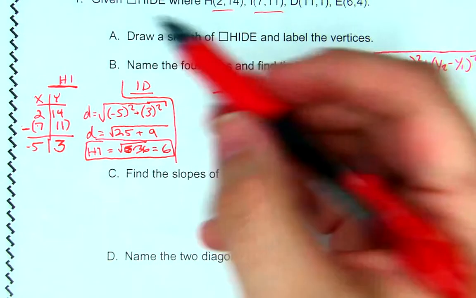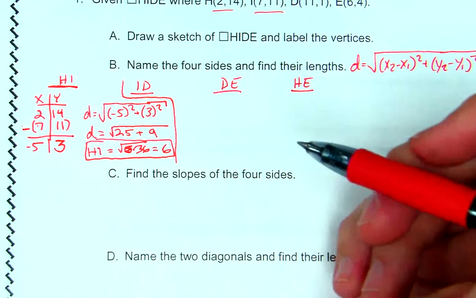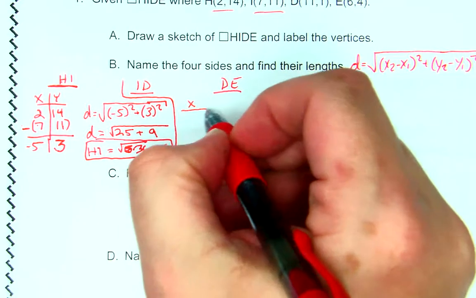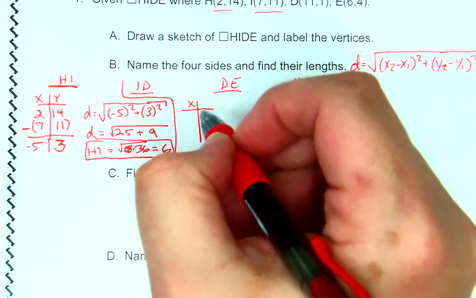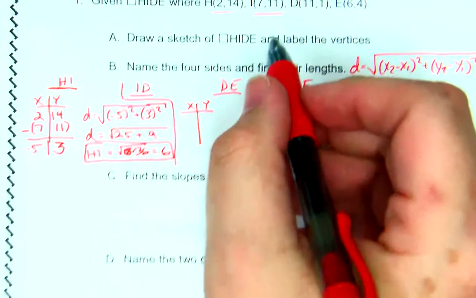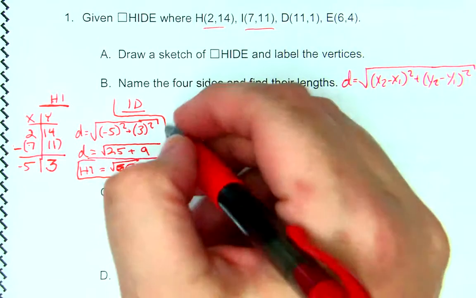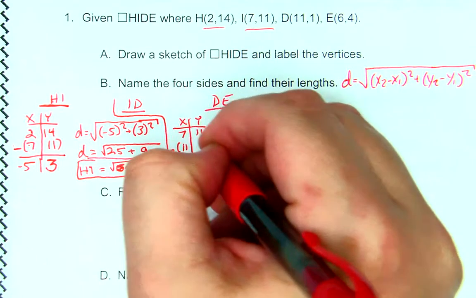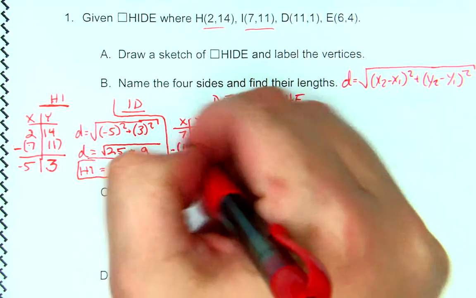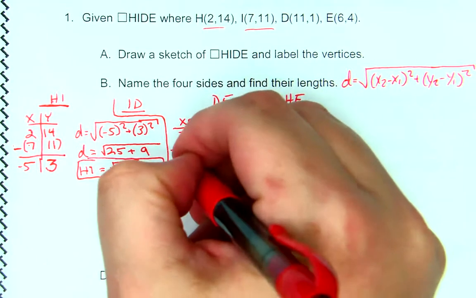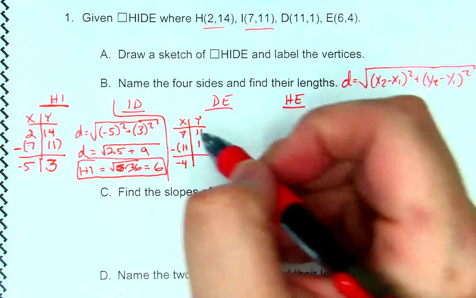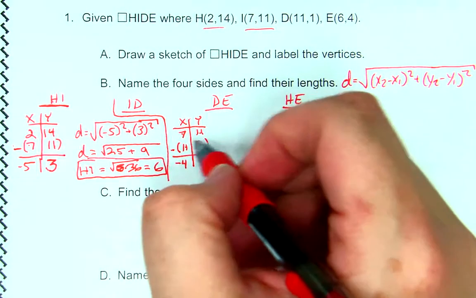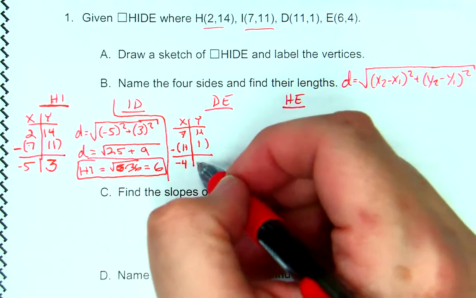Yeah, but you have to show all the work. Okay. Now for ID, I'm going to do the same thing. I'm going to come up with my XY chart. For ID, it's 7, 11 minus the point 11, 1. 7 minus 11 is negative 4. 11 minus 1 is 10.